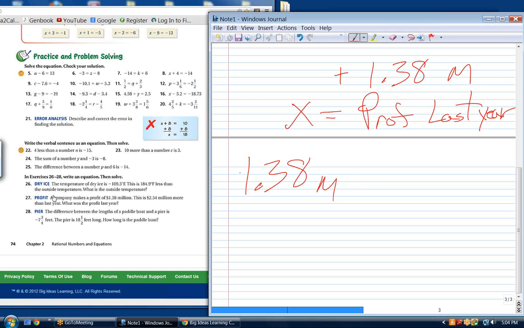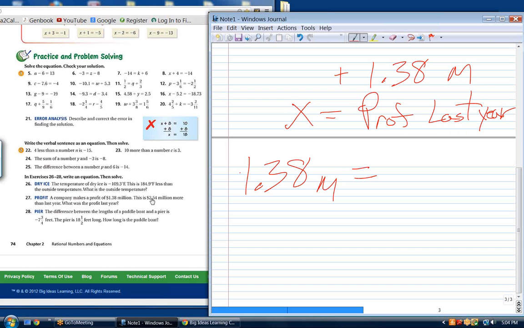Well, let's write this exactly as we read it. In other words, 1.38 million, that is equals. This is, and this becomes an equal sign. So by the time I get to that is, I can write that much of the equation: 1.38 million equals.